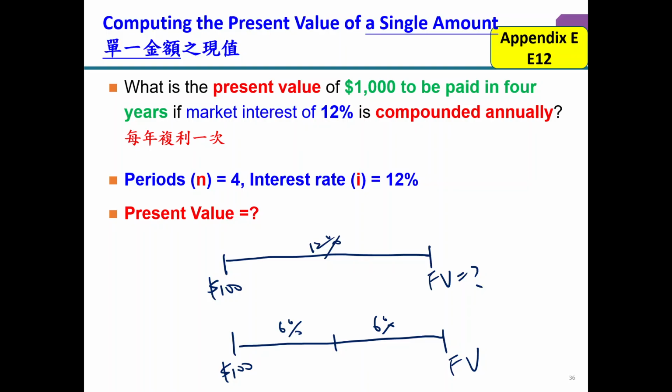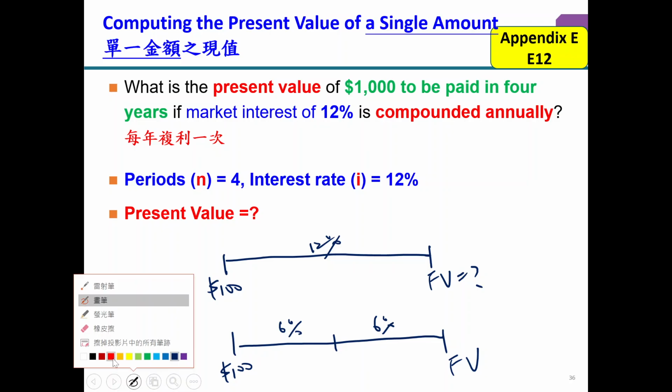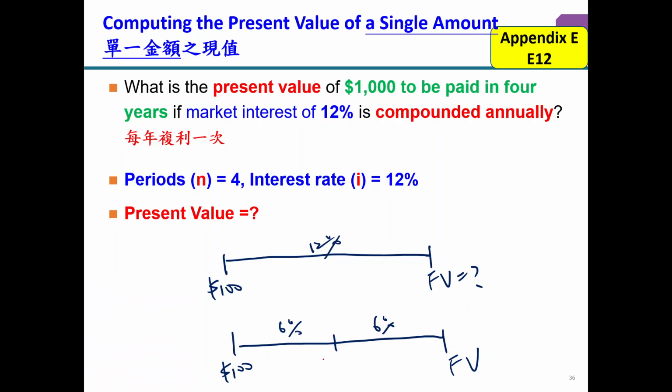Because in case 2 you get your interest every 6 months, right? So based on 100, you plus 6%. So every 6 months, you got not only 100, you also got a 6% interest, right?